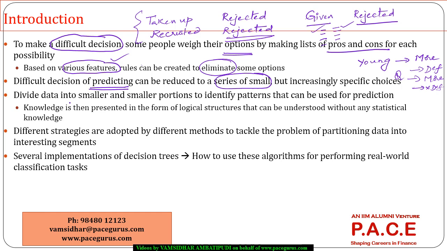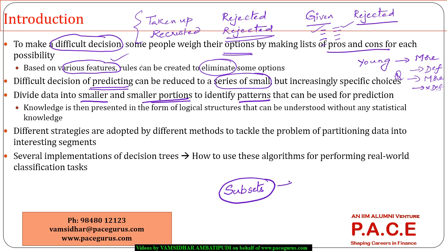Now, when we are doing it in a machine learning way, we are dividing the data into smaller and smaller portions, right? We are creating subsets of the data based on various features. For each portion, we are identifying the pattern.